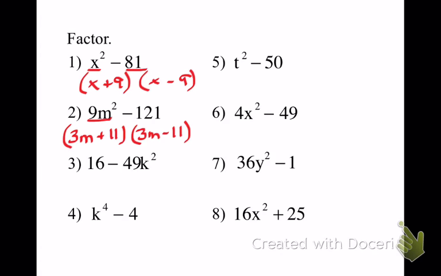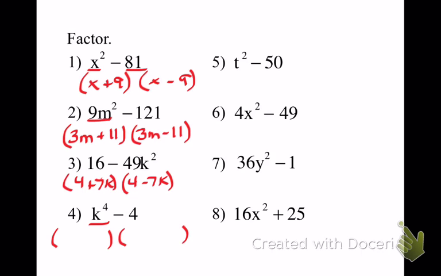Now check your work. So you can see we have one where our constant term is first, so that's going to be 4 and 4. And we've got 7k, 7k. One's positive, one's negative. Now this one's a little bit different. What's the square root of k to the fourth?